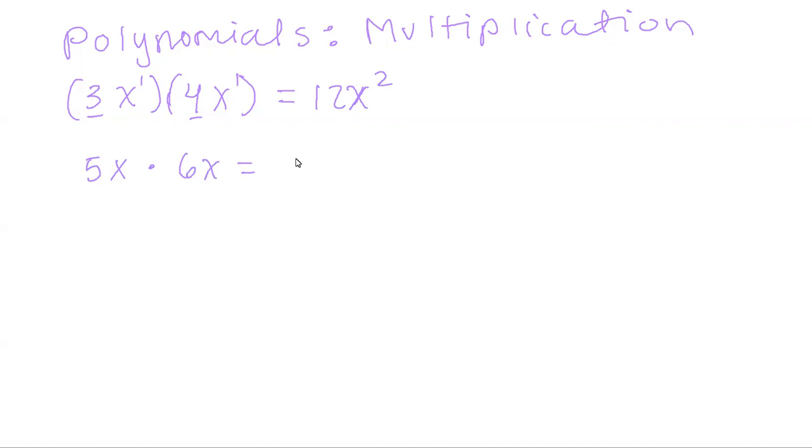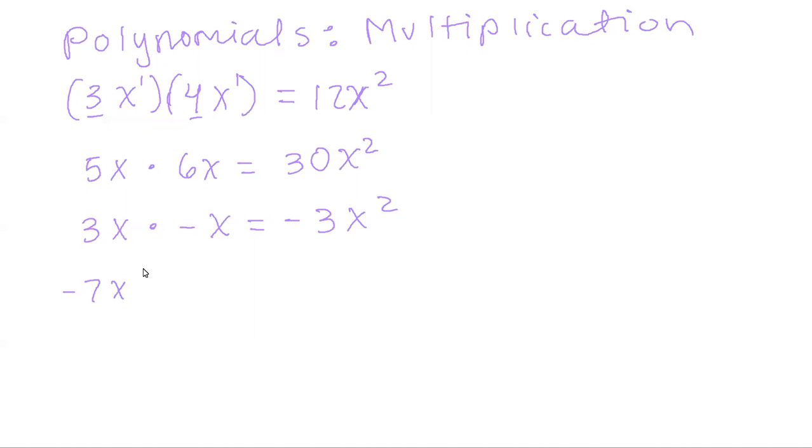This is the same thing as saying 30x squared, because 5 times 6 is 30, and x times x gives us x squared. If we have to do 3x times negative x, so again, 3 times negative 1, technically, that's negative 3, and then x squared.